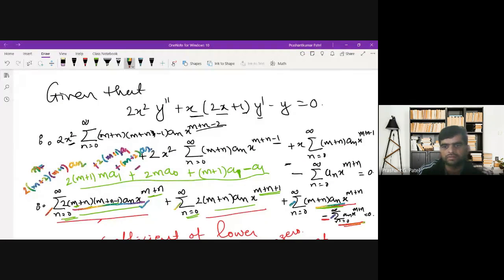Then it is minus a2 equal to 0. So finally, this is the expression when you compare the coefficient of x power m plus 2.